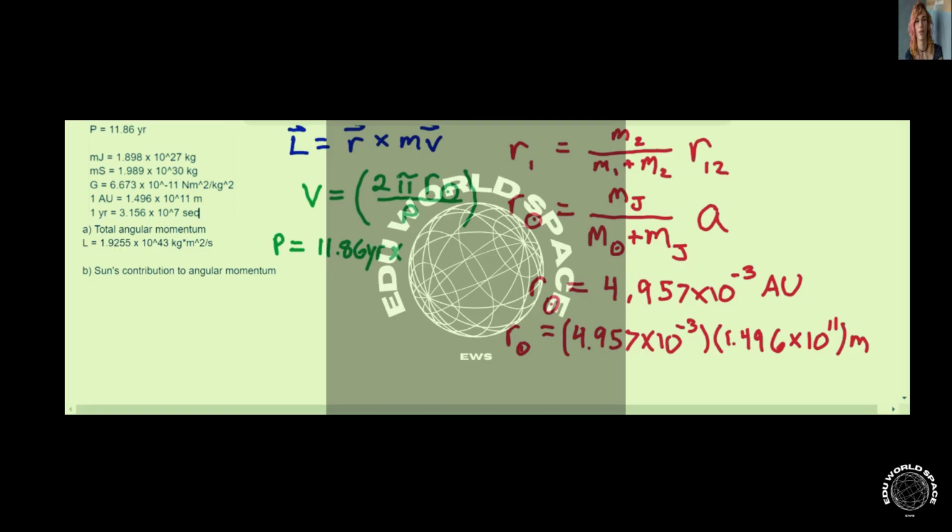So we're going to have to include that when we do the period calculation. So years times 3.156 times 10 to the 7th. That's how many seconds are in a year. So years cancel. And that's how we calculate the period in seconds.